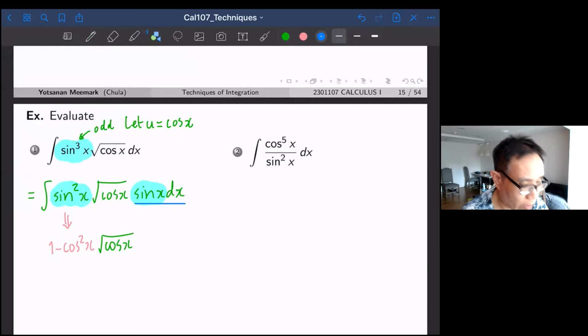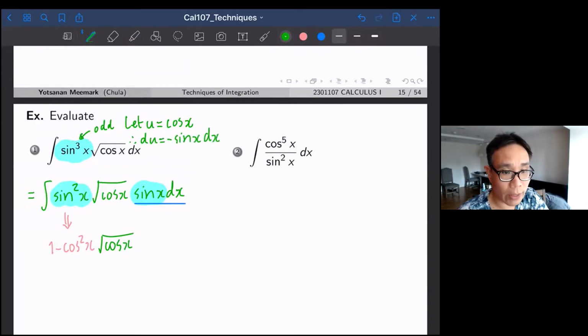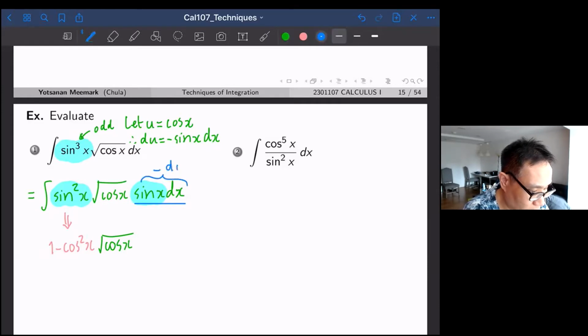will be just du. For this one, du equals the derivative of cos, so you get negative sine x dx. So du equals negative sine x dx, and so sine x dx here turns out to be equal to minus du.